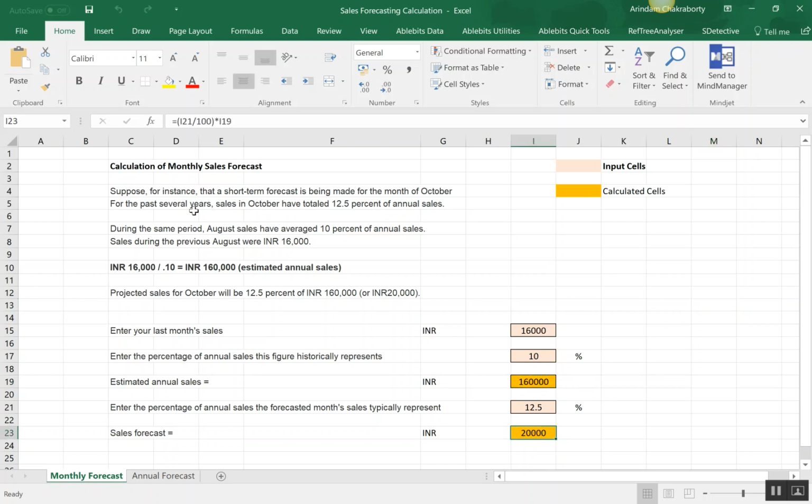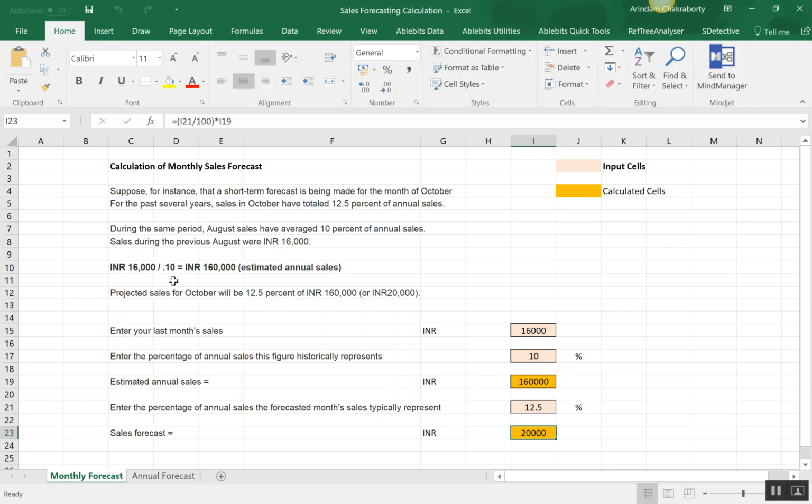Suppose for instance that a short term forecast is being made for the month of October. For the past several years, sales in October have totaled 12.5% of annual sales. That's an average that has happened. During the same period, August sales have averaged 10% of annual sales. So sales during the previous August was INR 16,000, say.